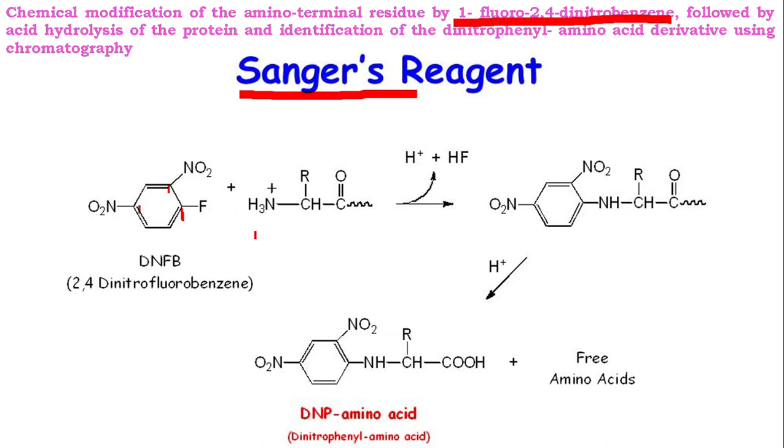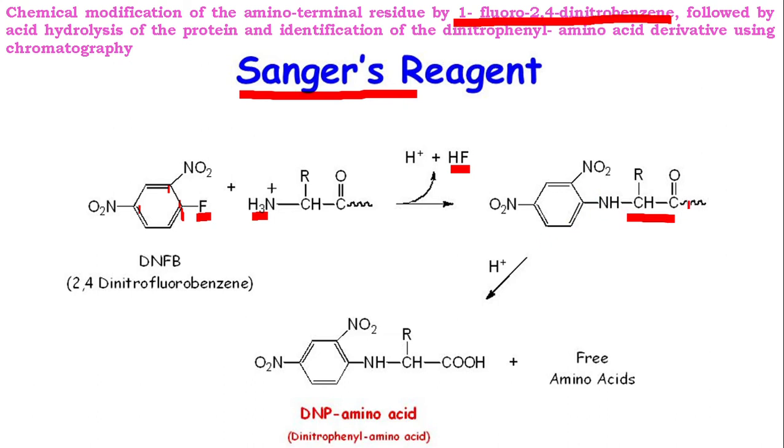So this peptide, we say an oligopeptide, is allowed to react with 1-fluoro-2,4-dinitrobenzene, and this fluorine atom reacts with this hydrogen of the amino group, releasing HF. And what happens? This carbon is now engaged in bond formation with the amino nitrogen of the oligopeptide.